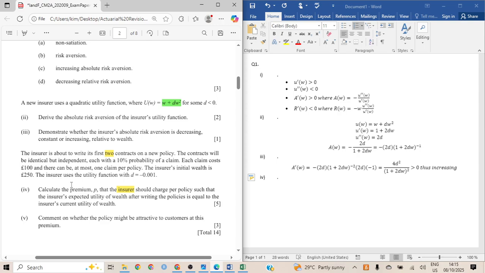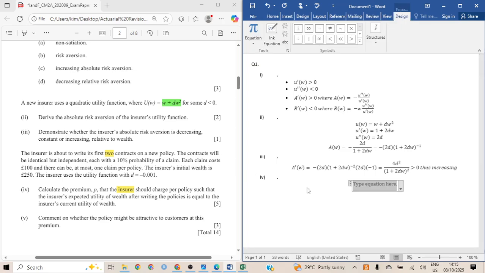We are given that. So calculate the premium P that the insurer should charge per policy, so that the insurer's expected utility of wealth after writing the policies is equal to the insurer's current utility of wealth. So you remember in the introductory video, I had given the formula for calculating the premium that the insurer should charge. Be very careful.